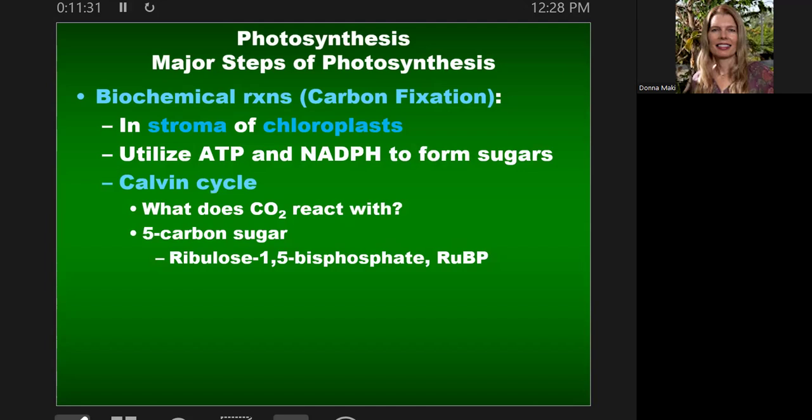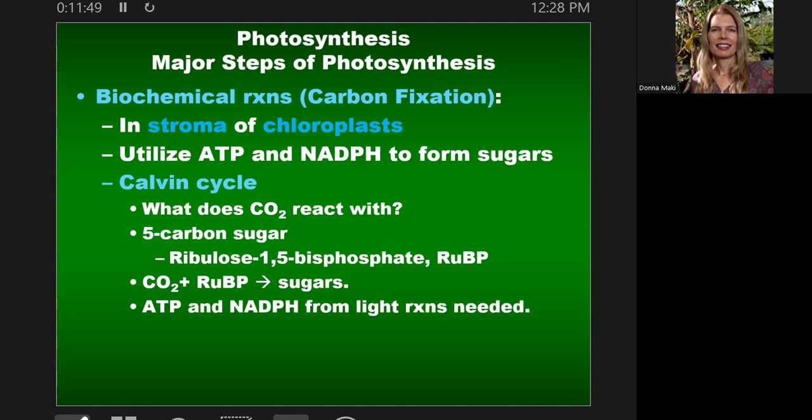So ribulose 1,5-bisphosphate, RuBP, is what CO2 is reacting with. CO2 and RuBP react, and ultimately you're going to get some sugars. And in order to get all this to happen, you need to have ATP and NADPH.